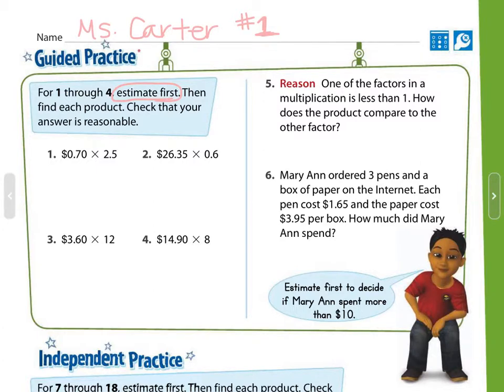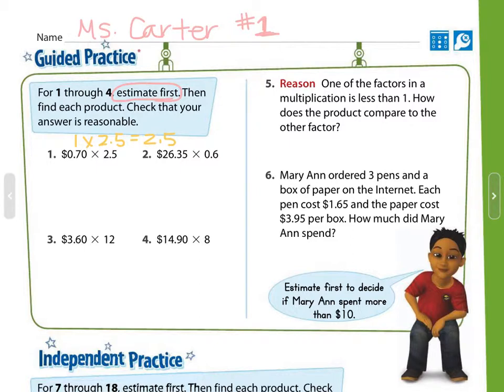So what you're going to do is think about, well, this is close to $1 if I was using rounding, and 1 times any number is that number. So 1 times 2 and 5 tenths would be 2 and 5 tenths. So that's our estimate.